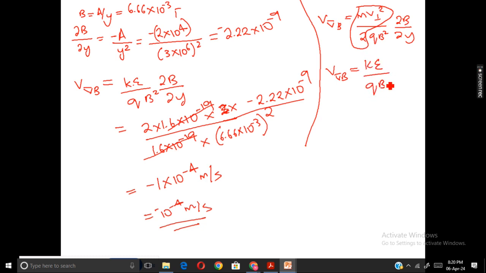So it will become kinetic energy into dou B by dou y. B they haven't given directly, but they have given that B is A by y. They have given the value of A as well as the value of y. By differentiating A by y, we can calculate the value of dou B by dou y. That also we did. And finally, we got the value of the drift velocity due to the gradient of the magnetic field.